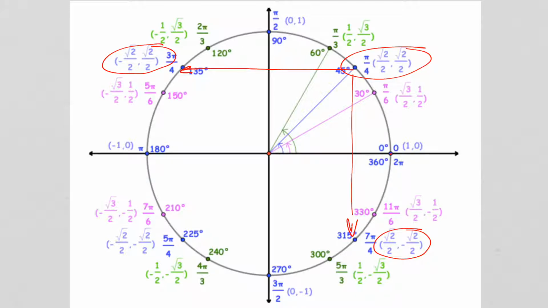And at 5 pi over 4, x and y are both negative. But in each case, pi over 4, 3 pi over 4, 5 pi over 4, and 7 pi over 4, we still are dealing with root 2 over 2, root 2 over 2.